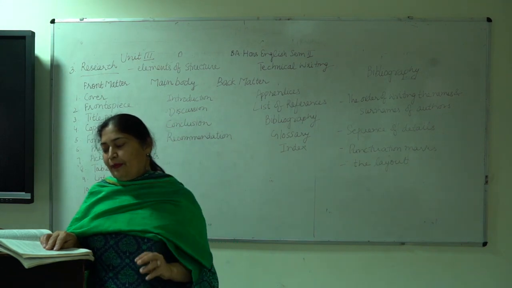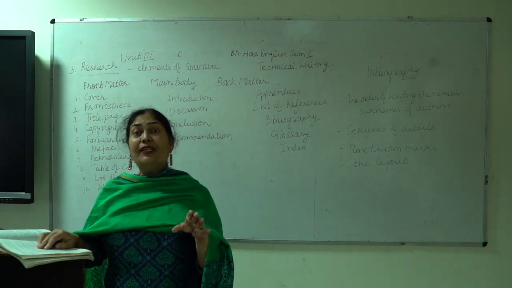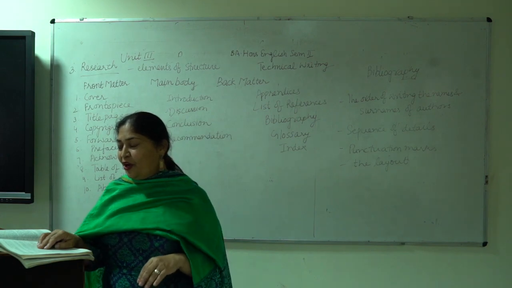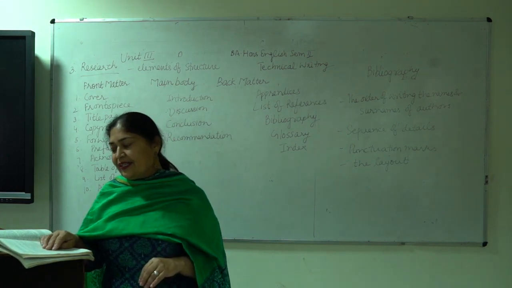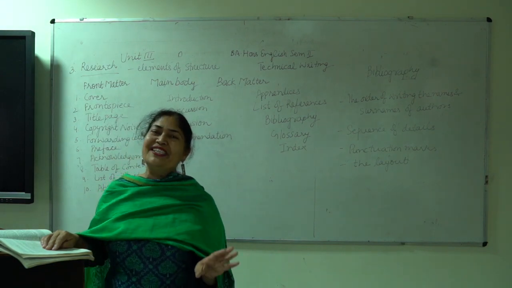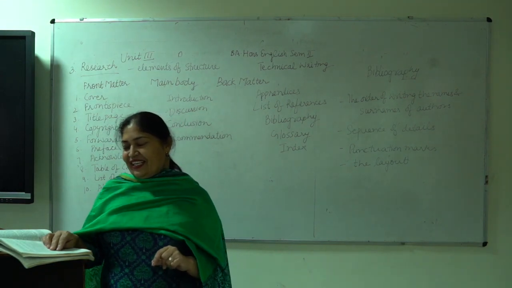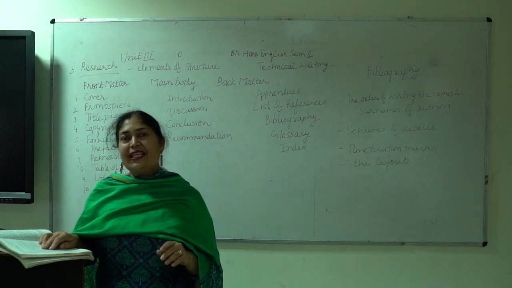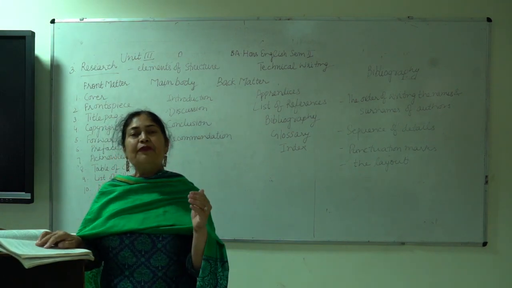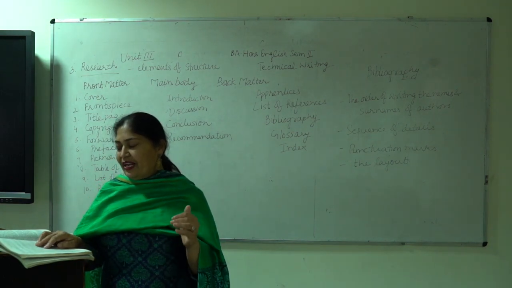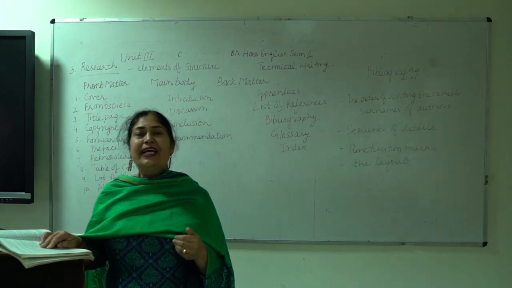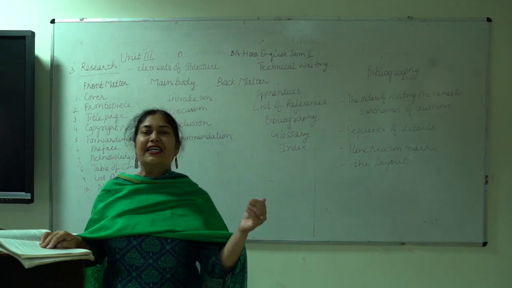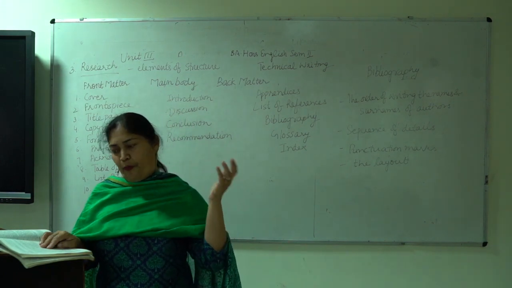Number four, the bibliography may be select or selected, including only the more relevant of the works consulted, whereas the references are always complete. Next, the entries in the bibliography are in alphabetical order, whereas the references may sometimes be recorded in the sequence in which they have been cited in the text or the report.